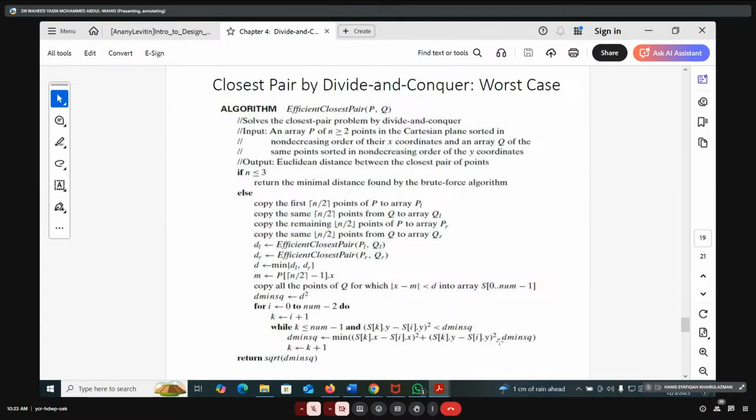So here I find the minimum square. Then k equals k plus 1, and return sqrt of dminsq.